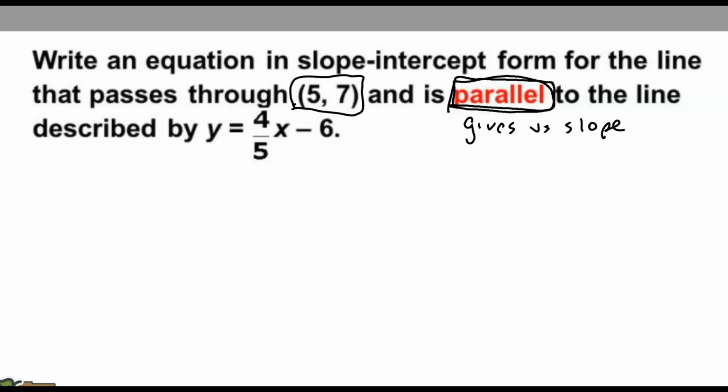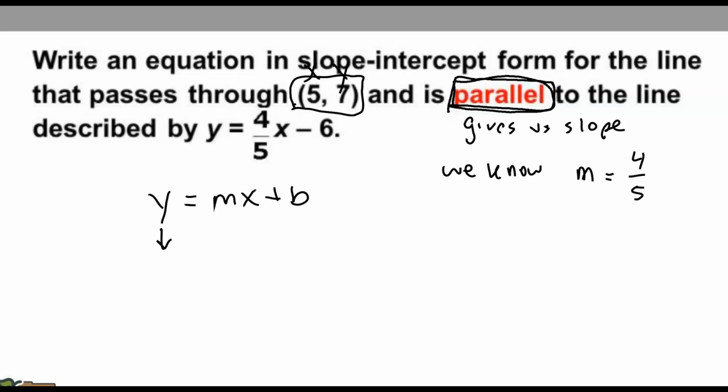So the idea here is that if we are going to be parallel to the line y equals 4/5 x minus 6, then we know the slope that our parallel line will have is going to be the same, 4/5. So we're going to use our point, and we're going to substitute in our m, our x-coordinate, and our y-coordinate. So from the point, our y-coordinate is 7, our slope is 4/5.